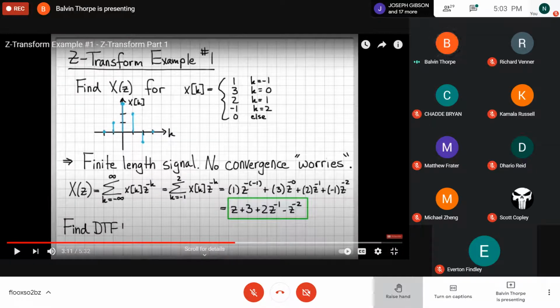So here, based on the time intervals that were given in terms of k, you have specific values for the signal. And then you're to find the Z transform of this discrete function.